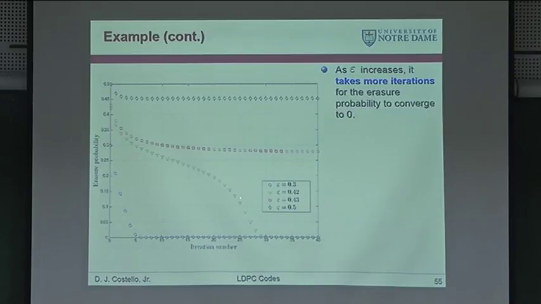We get down here, and it now takes more iterations, about 30, but we still get to 0. At 0.43, we don't. You could keep going, but it doesn't appear like you're ever going to get there, certainly not with a reasonable number of iterations.